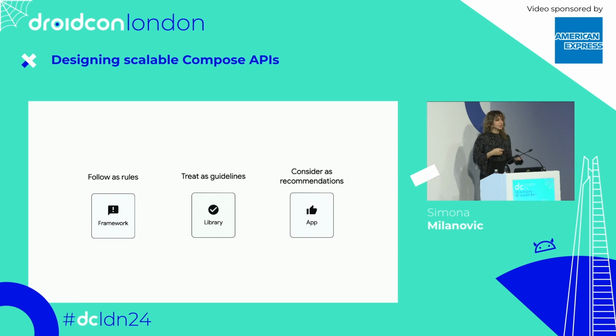So for app development, consider these guidelines as recommendations, but also do consider what is best suited for you, your app, and your team. In this talk, we're going to mostly cover the recommendations for app and library development, but definitely framework developers can still benefit from this a lot. This means the guidelines are strongly recommended and should be followed where sensible, but are not strict rules.